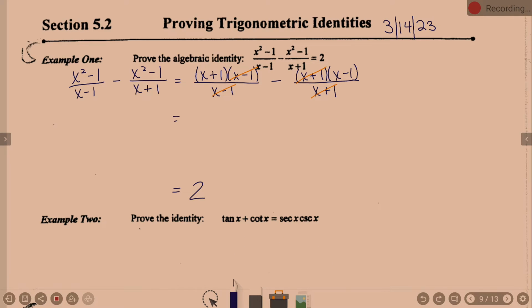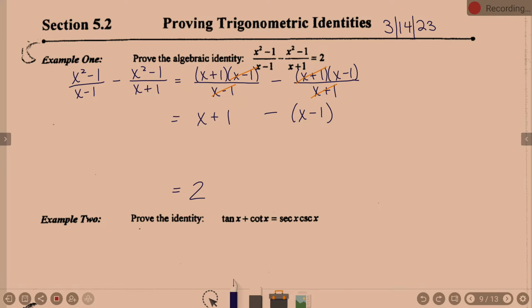Now, what is my first fraction? Just x plus 1. Minus, what's my second one? X minus 1, and specifically that x minus 1 is going to be subtracted.